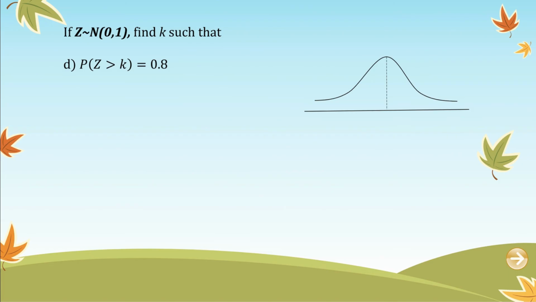For D, Pz greater than K is equals to 0.8. The symbol is greater than and the value is 0.8. So 0.8 is greater than 0.5. So it starts on the left side. To get this area, we have to use 1 minus this part.